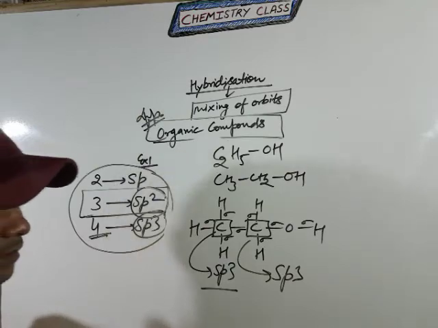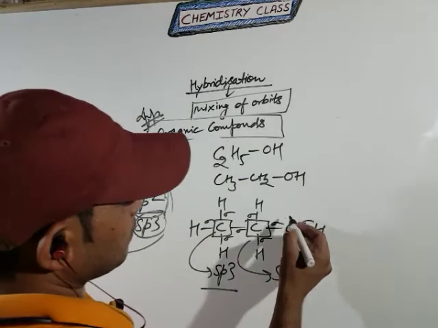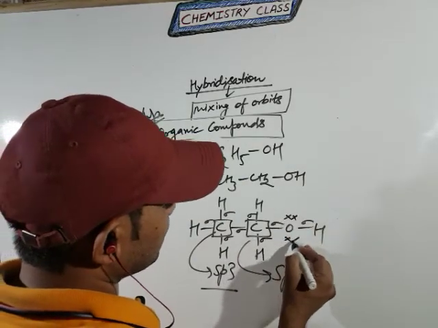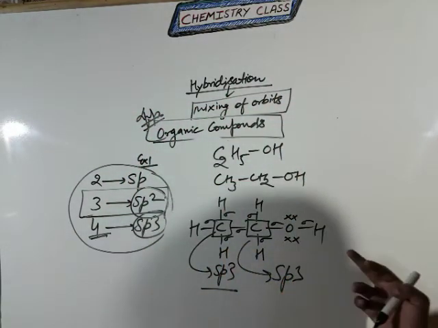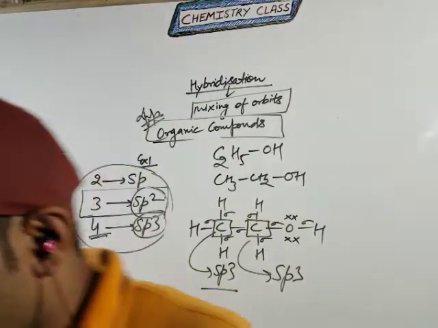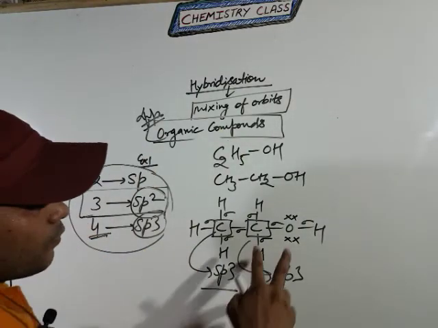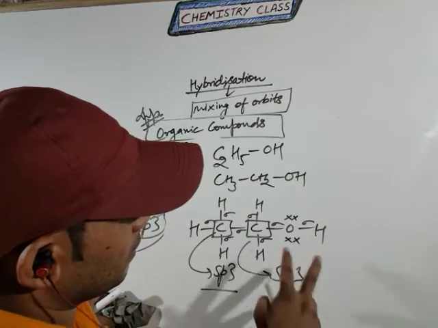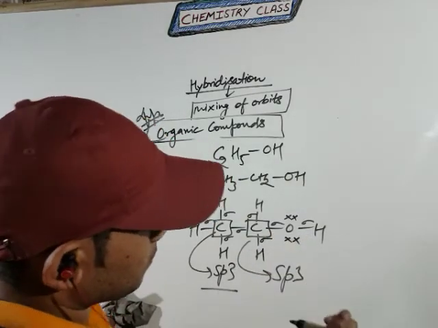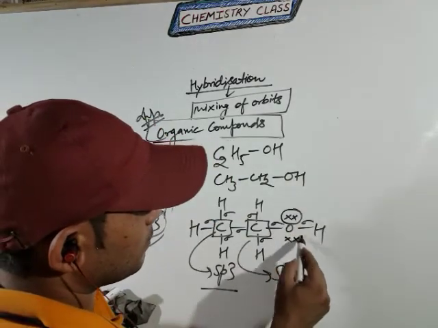If someone asks what is the hybridization of oxygen? We know that oxygen has 6 outermost electrons. But for bonding, 2 electrons are required, so the remaining electrons are 4.